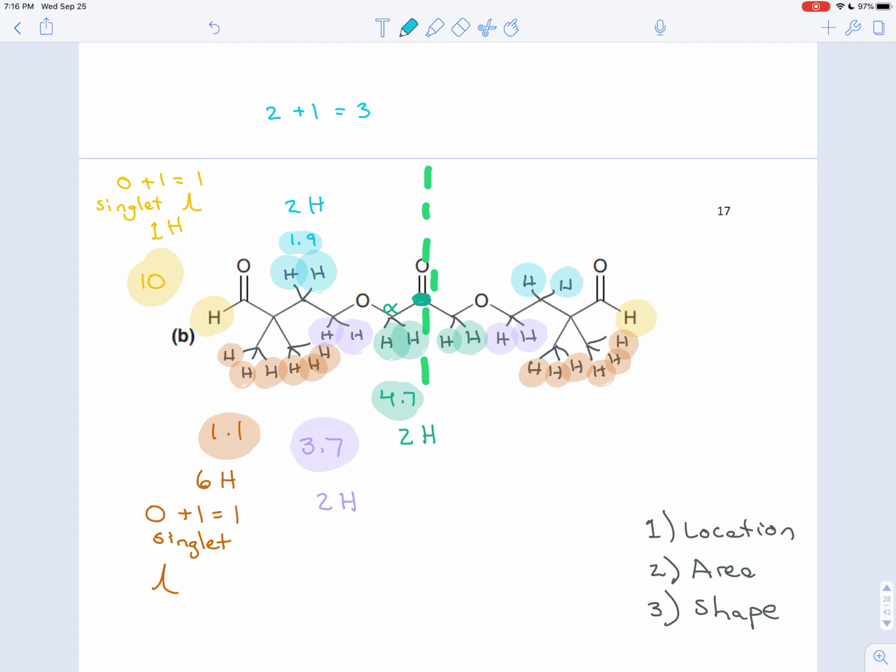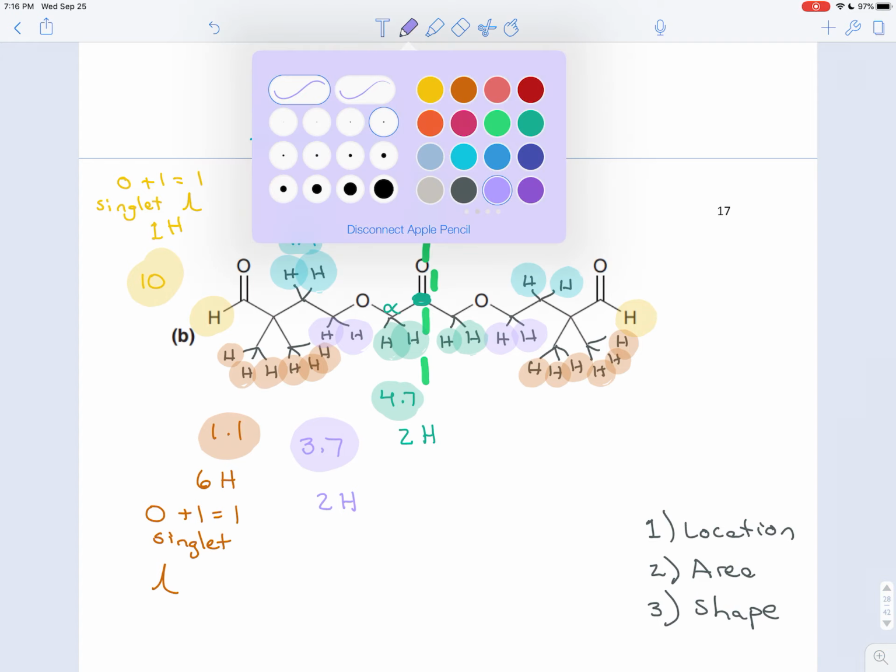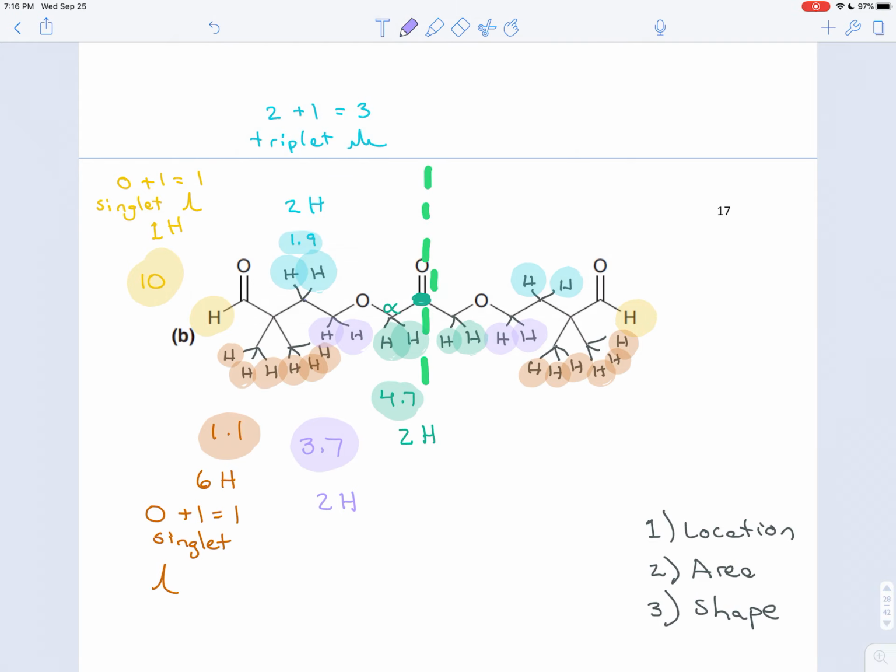So that's going to split into a triplet. 1, 2, 3. The purple. To the left, the carbon has 2 hydrogens on it. To the right, the atom doesn't have any hydrogens. So we have a total of 2 adjacent hydrogens. The rule is n+1. So we take those 2 adjacent hydrogens, add 1, and the splitting pattern will have 3 spikes. It'll be a triplet.